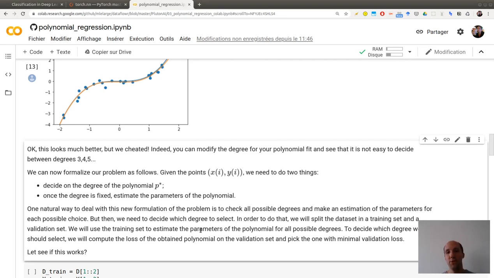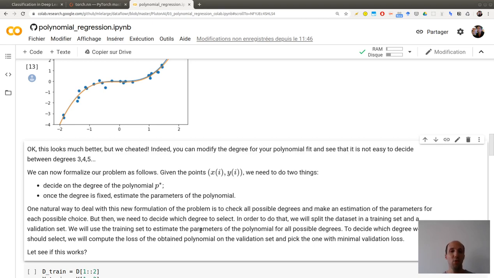So the first thing we will do is we will split the data set in two. One will be called the training set, and the other one will be called the validation set. On the training set, you can do exactly what we just said. For each degree, 0, 1, 2, 3, you do the best possible estimation of your polynomial.